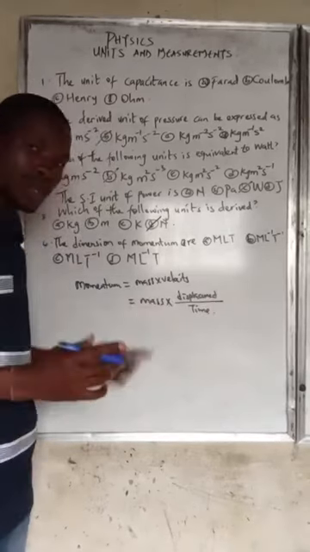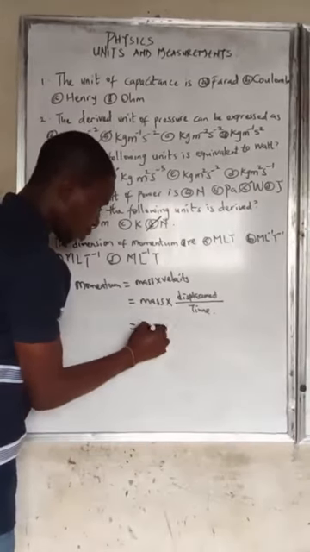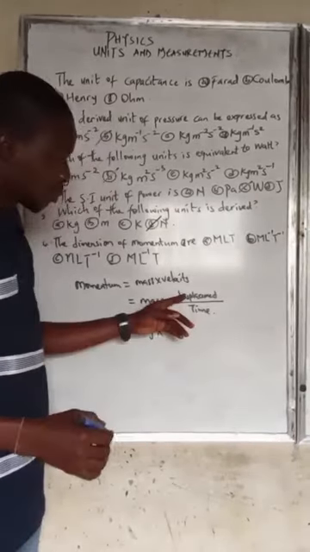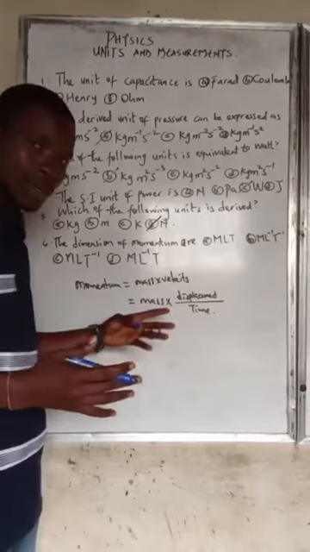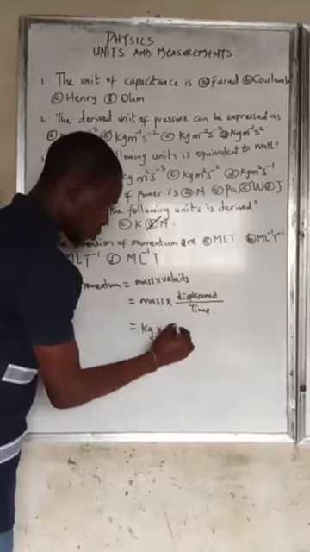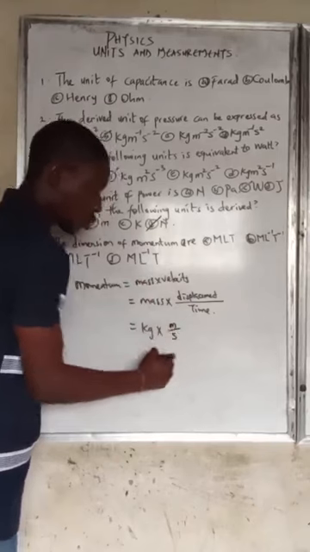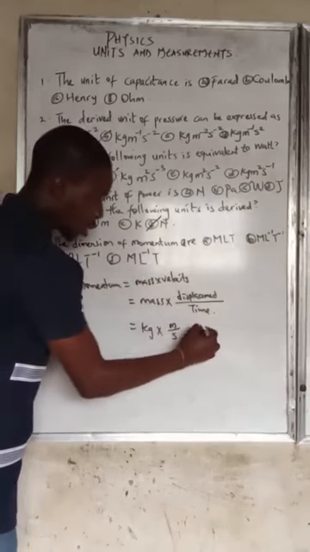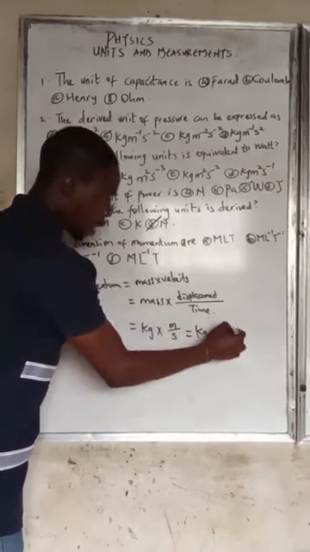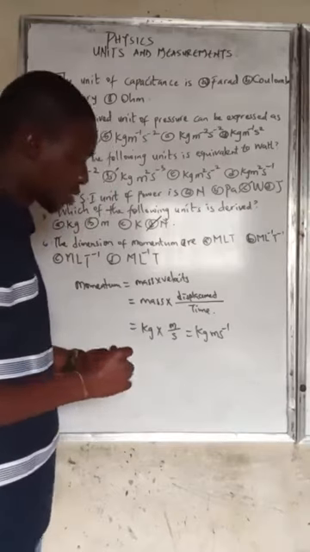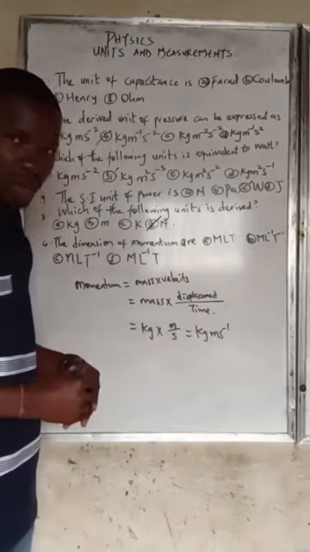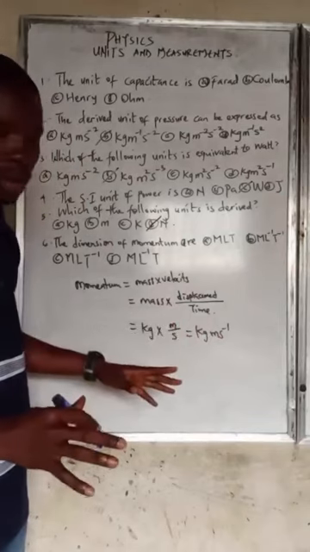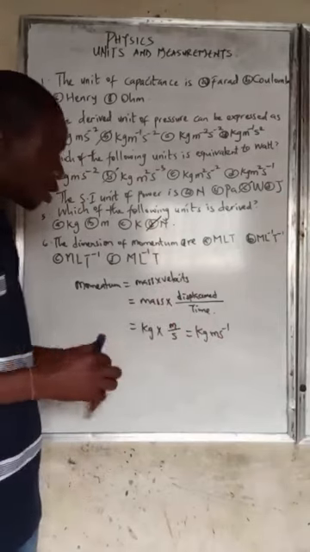Mass is measured in kilogram. Displacement or distance is measured in meters. And time is measured in seconds. So this would be given as kilogram meter per second. So this is the unit, but not the dimension. Now let's talk about the dimension.